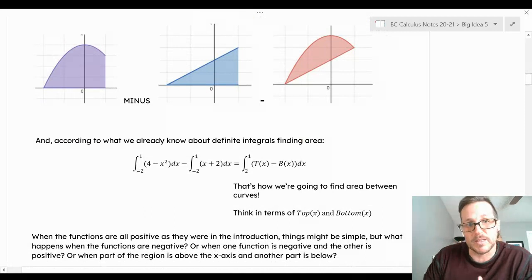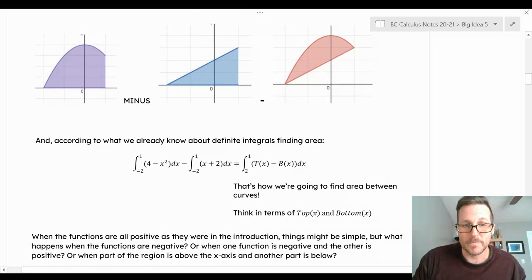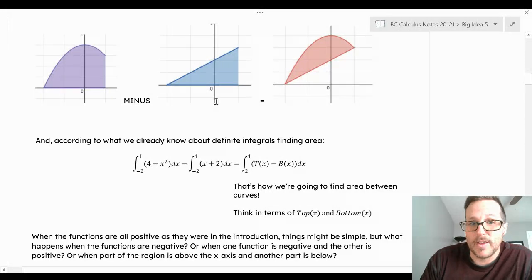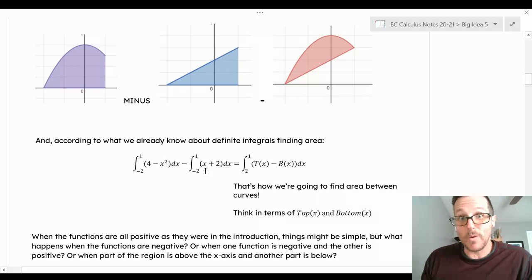You can see that the intersections are at -2 and 1. We want to find the area under the parabola. So that's this little guy right here, that first definite integral there. Subtract the area of the triangle, which I know I didn't need a definite integral for, but I did one anyway.